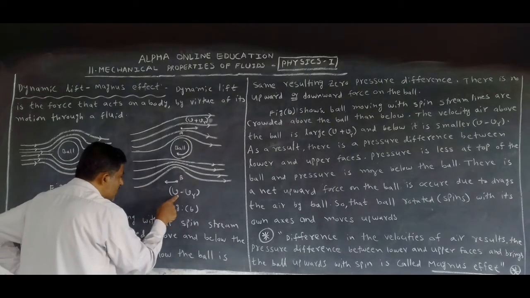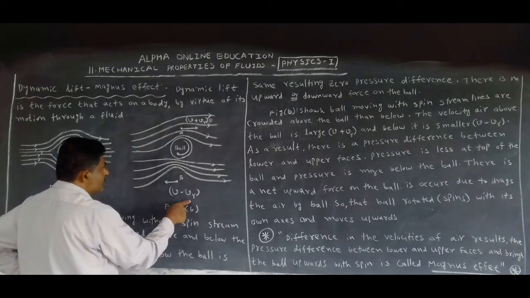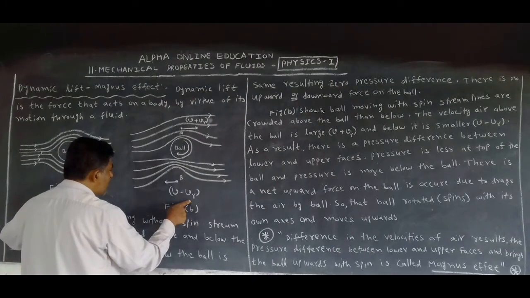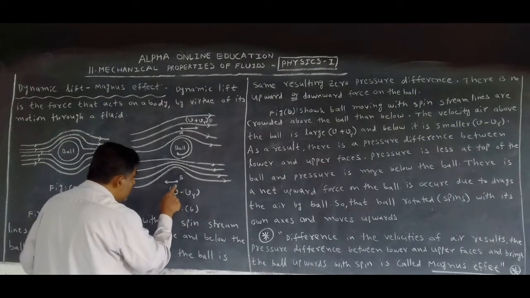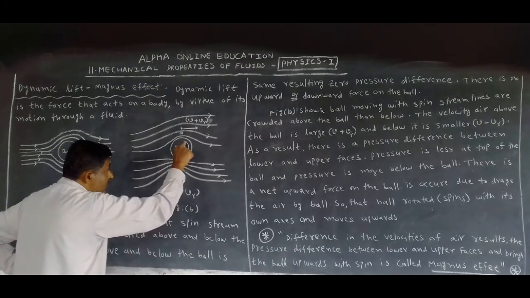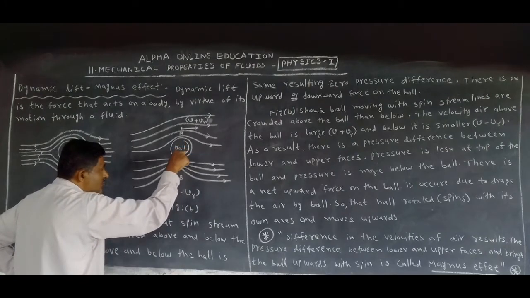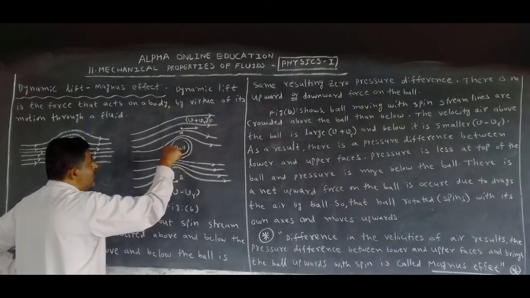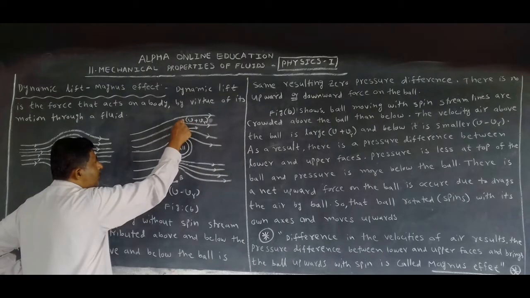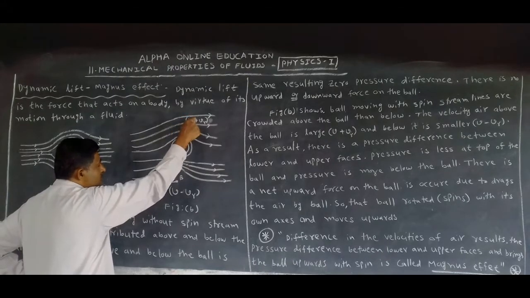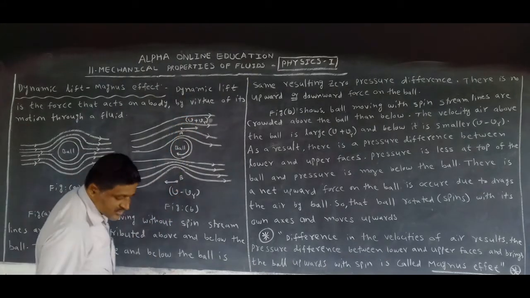So here it is V minus VR. The velocity of the air is the same above and below, but here the rotating, dragging velocity of the air is in the opposite direction, while there it is in the same direction. That's why above the velocity becomes V plus VR and below it becomes V minus VR.